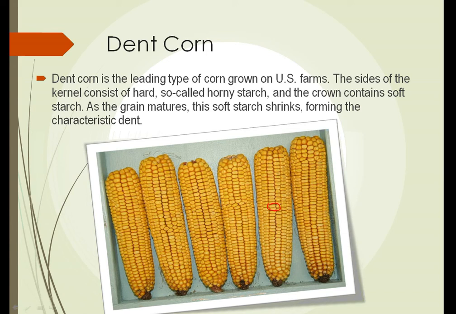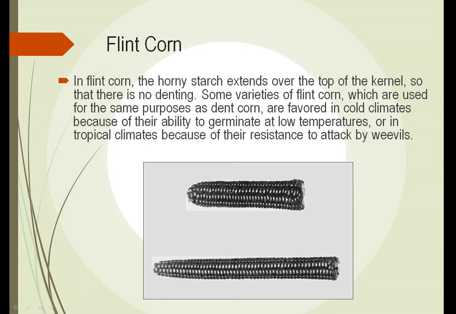The side has harder material, the horny starch; the crown contains soft starch. As the grain matures, it begins to dry out, lose moisture, and the top caves in a little bit because it's softer and the inside is shrunken. The sides are hard starch, so they don't shrink in, but the top can, and that's what causes that characteristic dent.